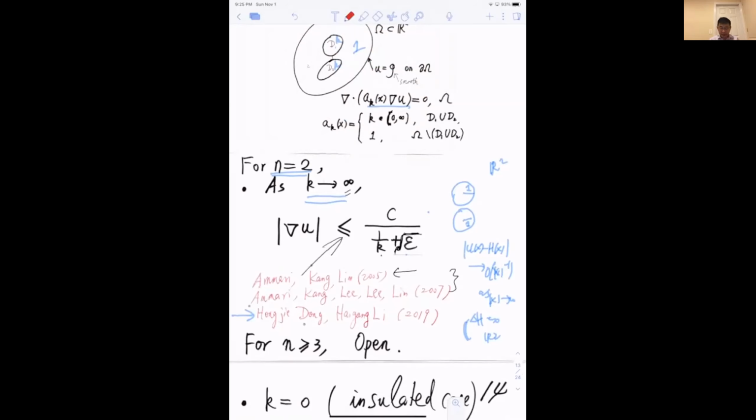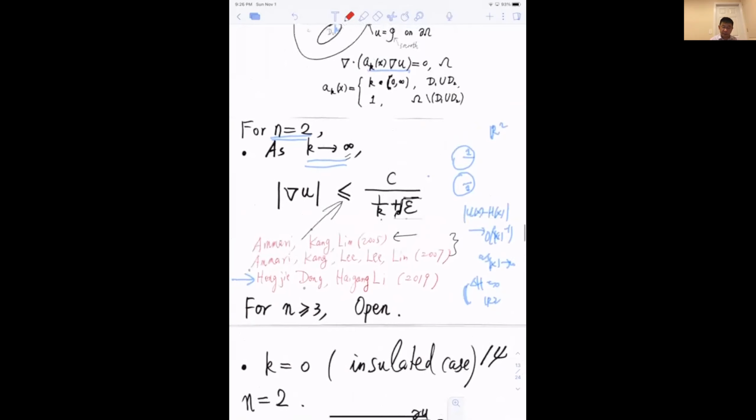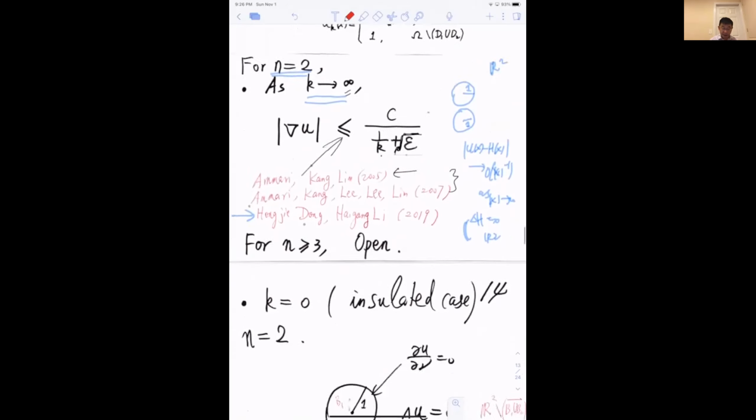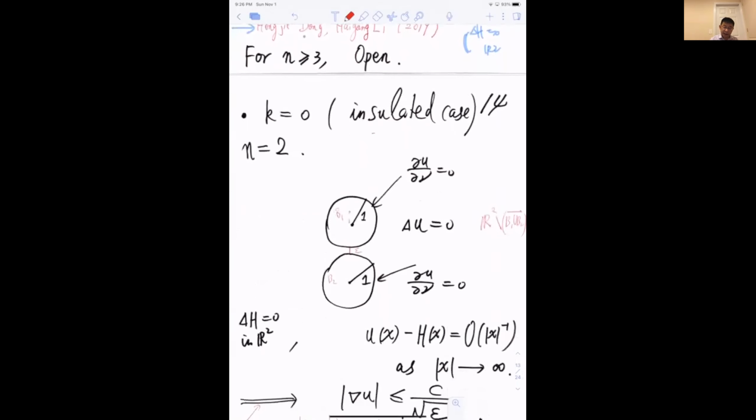Haigang Li, yeah. And they proved more results, yeah. So I am just staying with L infinity. So this is the two-dimensional case. So for k equal to 0, the insulated case, for n equal to 2 again.